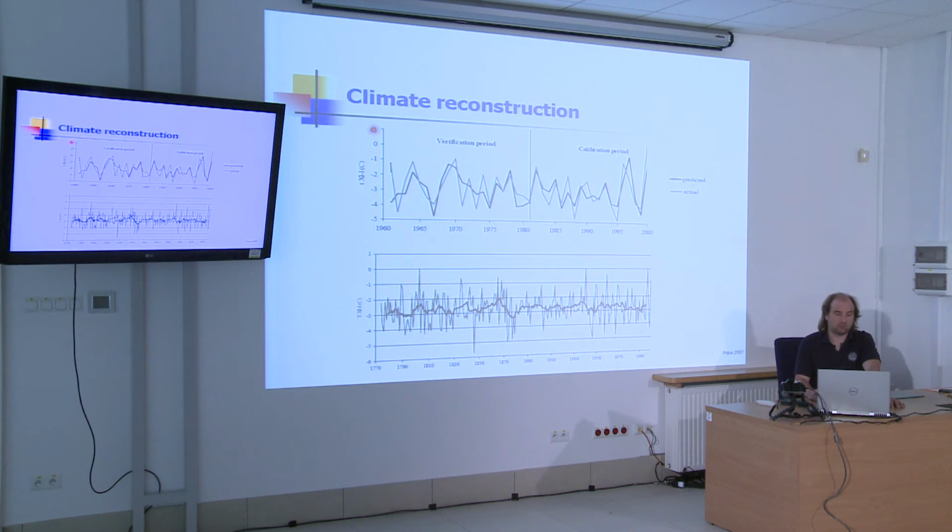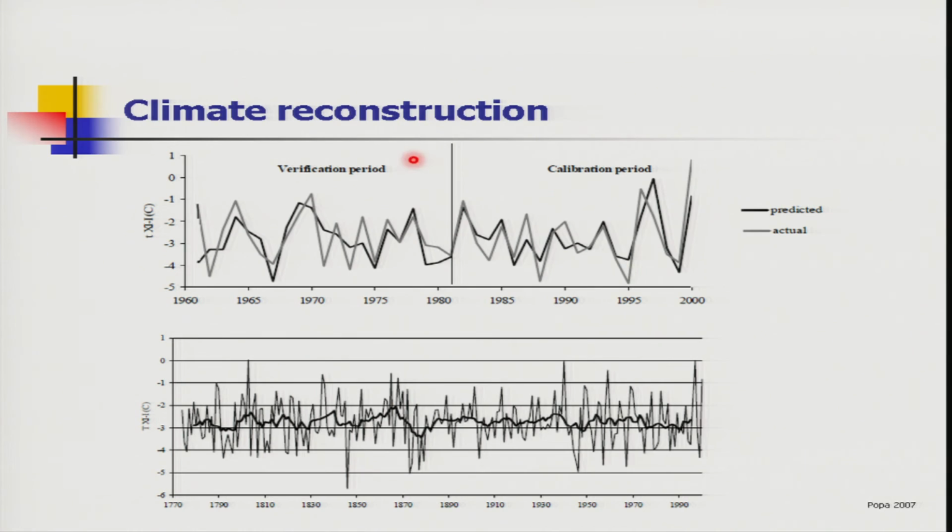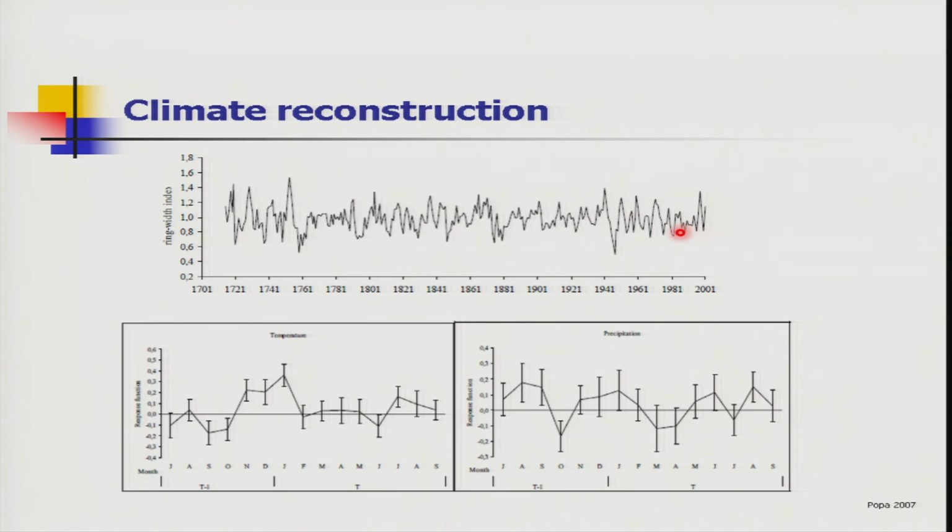So we utilize available climate data. We split it for the calibration period and verification period. For the calibration period, we carry on this climatic analysis, results of which are presented here.